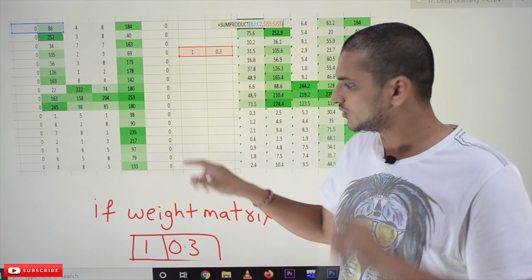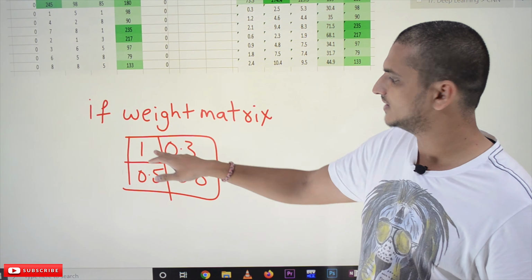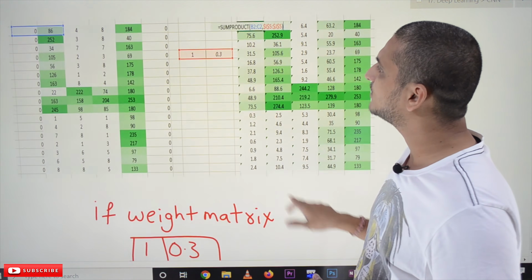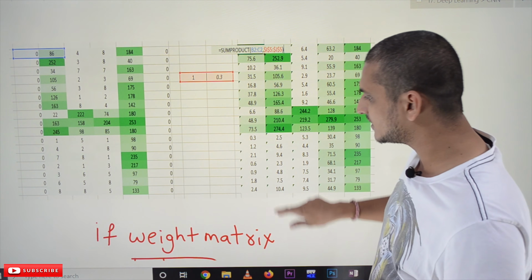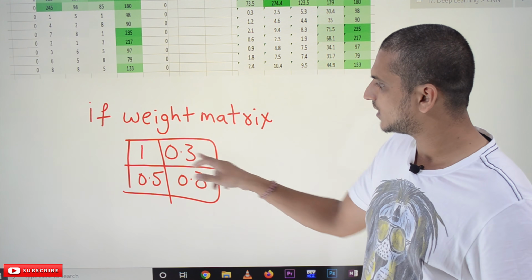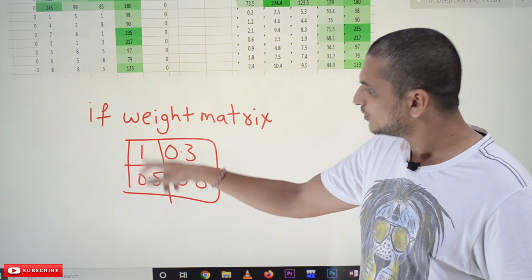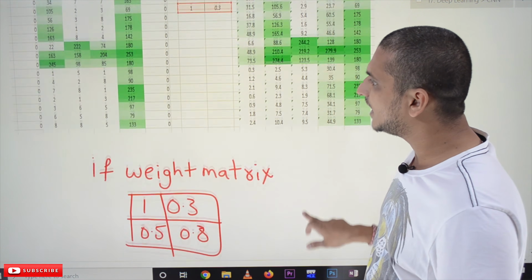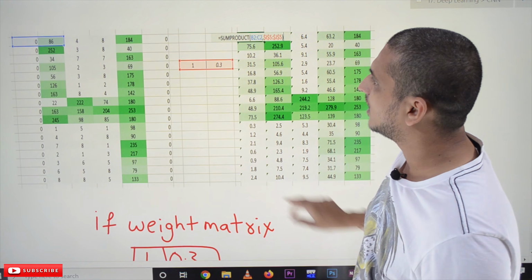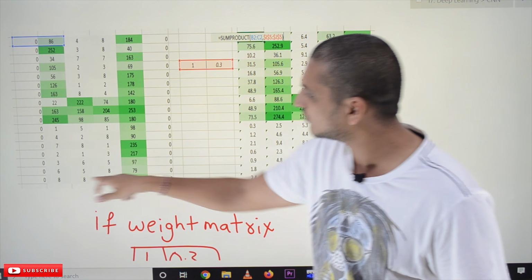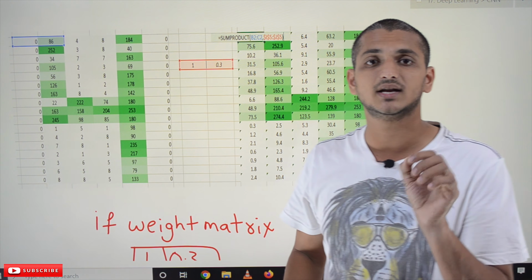And one more thing we have to understand. For understanding purposes we are taking weights only on the horizontal side. If you take the weight matrix like this, 1, 0.3, 0.5, 0.8, a 2 by 2 matrix, then the pixels on the downside and the upside are also involved in the convolution operation only one time.